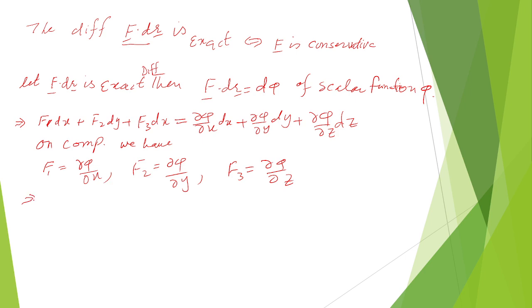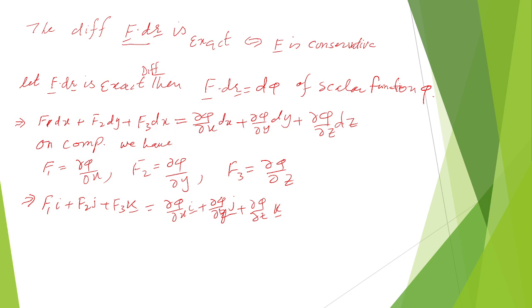This implies that the field f1 i plus f2 j plus f3 k is equal to partial phi partial x i plus partial phi partial y j plus partial phi partial z k.